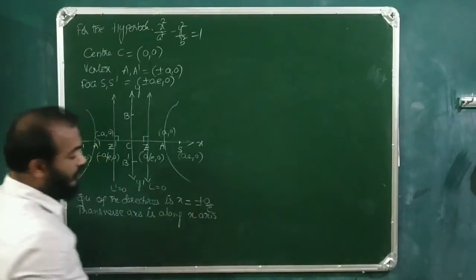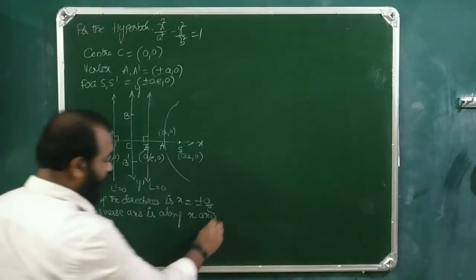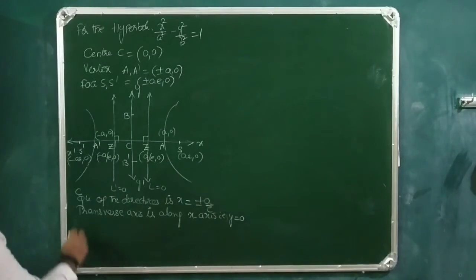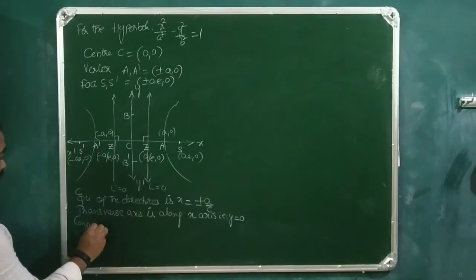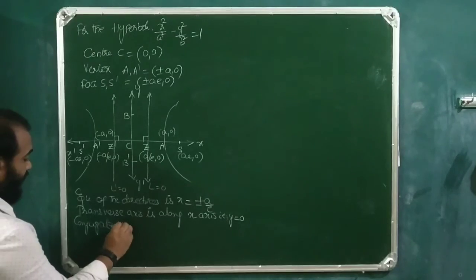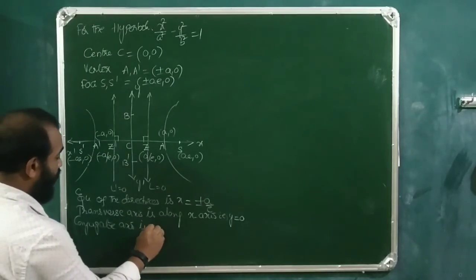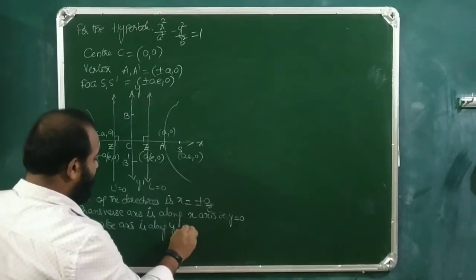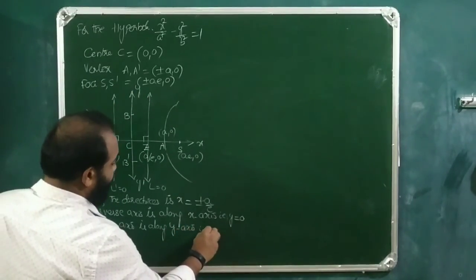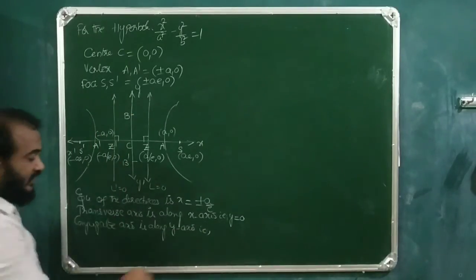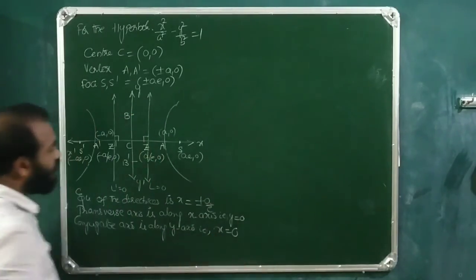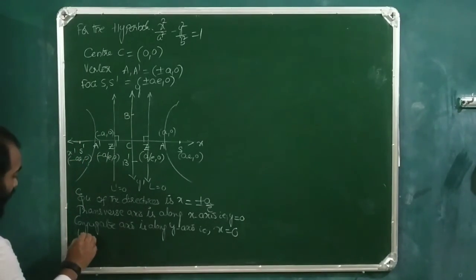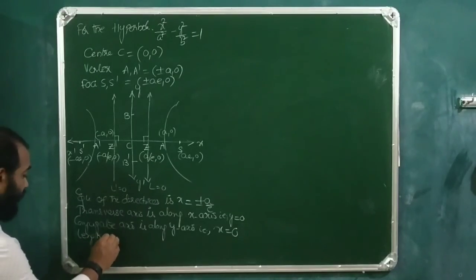So the equation of x-axis is y equals to 0 and the conjugate axis is along, this is the conjugate axis, this is along y-axis, that is equation of y-axis is x equals to 0.